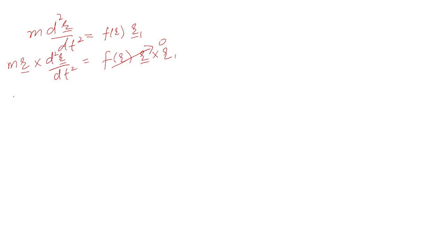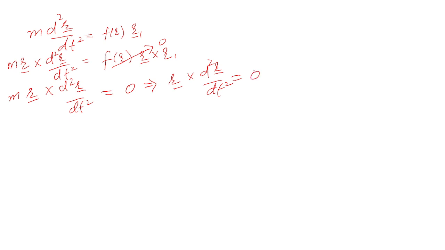So you see we have m r cross d square r dt square, and that is equal to 0. Dividing both sides by m, we have this equation: r vector cross second derivative of r vector with respect to t is equal to 0.